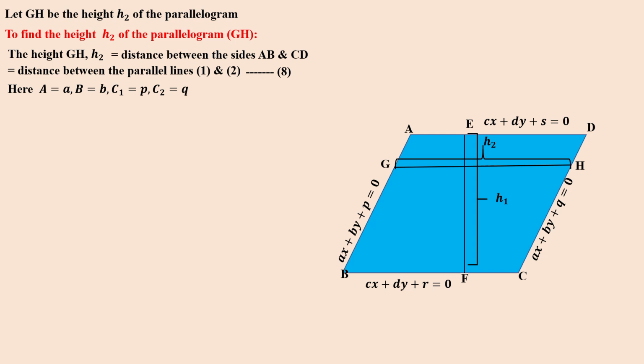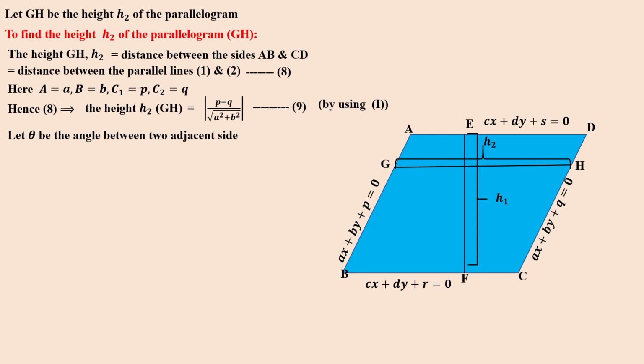So here capital A is equal to small a, capital B is equal to small b, c1 equal to p, c2 equal to q. So using the distance between parallel lines formula, the height h2, that is GH, is equal to modulus p minus q by root of a square plus b square, that is equation 9, right?